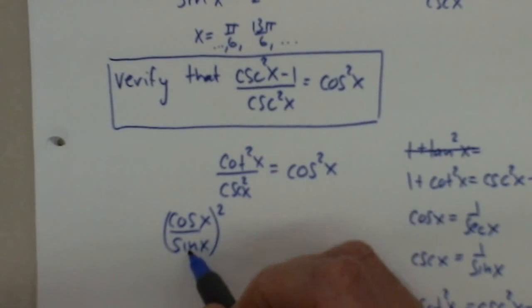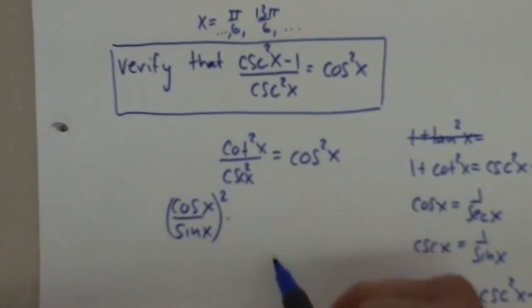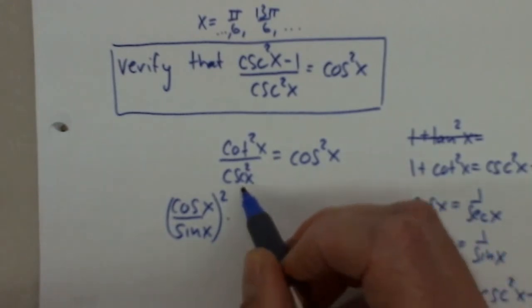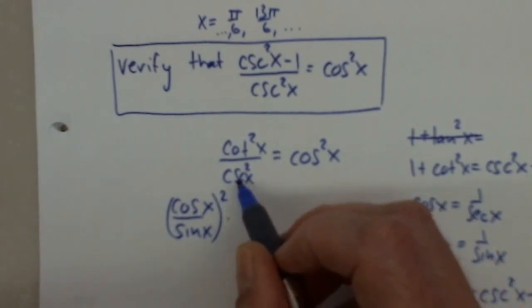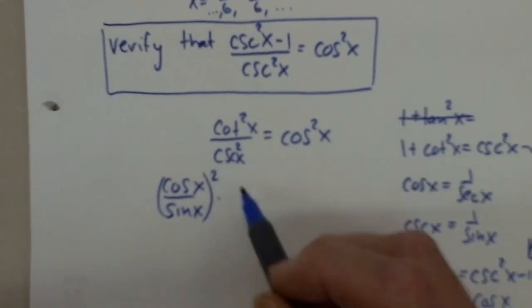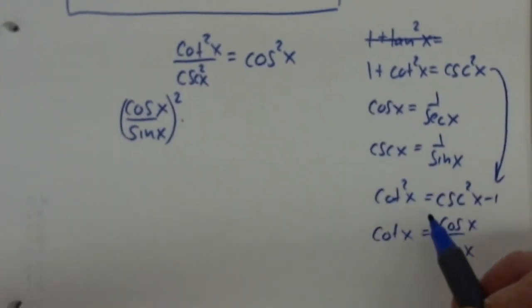And cosecant is 1 over sine. So we have cosecant. Maybe we can do something better than that. This is in the denominator. We could use this, or we can use sine x is 1 over cosecant x.